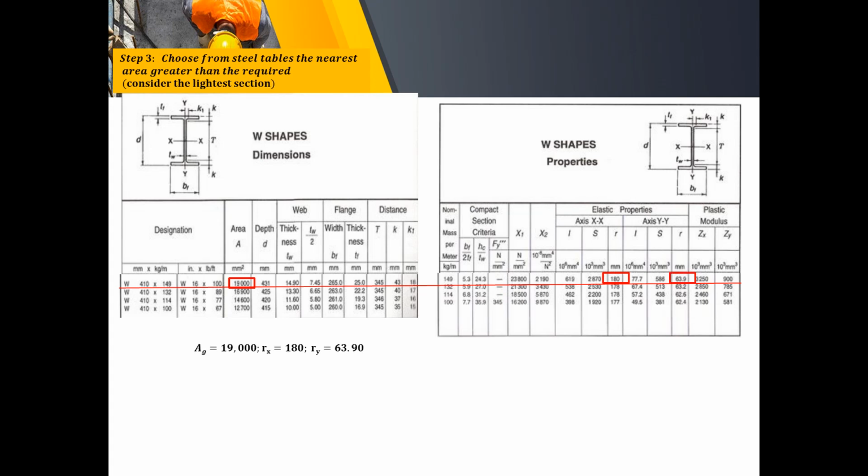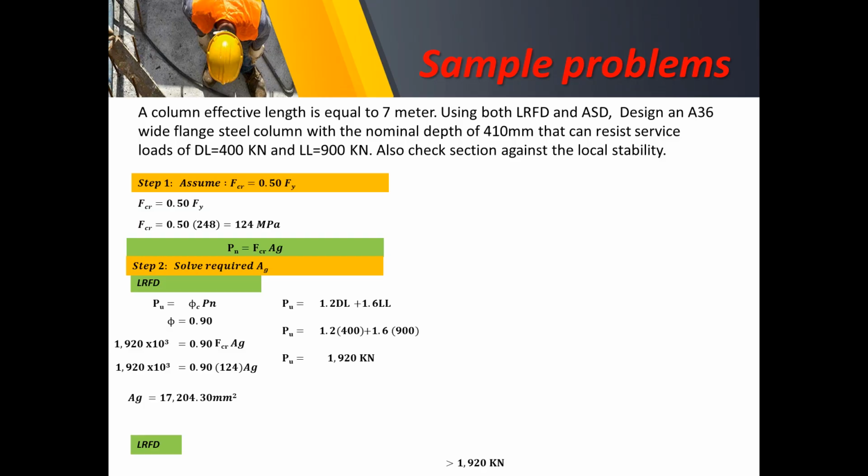The gross area is 19,000 millimeters squared with a radius of gyration of 180 along x, and along y we have 63.9 millimeters. So with that, we now check the adequacy. The selected trial section is W410 by 149 with the following properties.